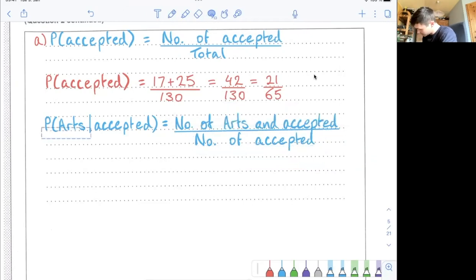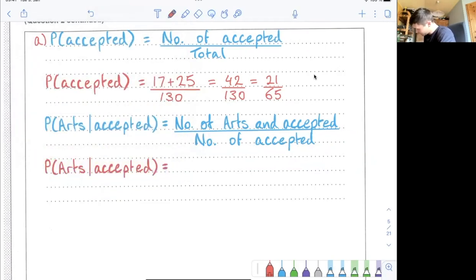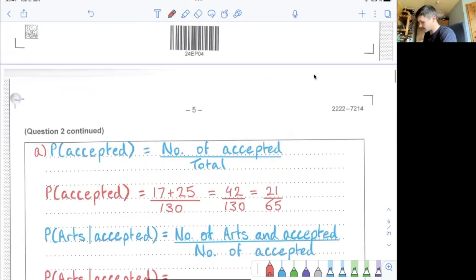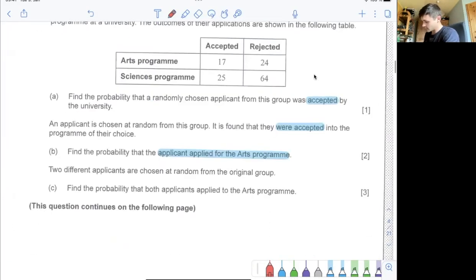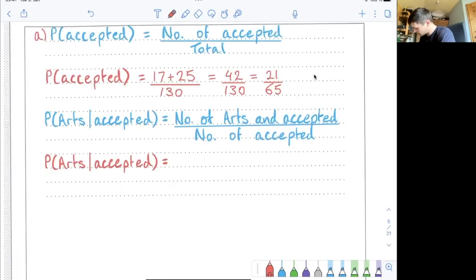All right, nice. And so we'll bring this down here, go into red. Okay, so the number of arts applicants that were accepted was 17. All right, and the total number of accepted applicants was 17 plus 25, which we have solved in the last question, but I will write it fully out.